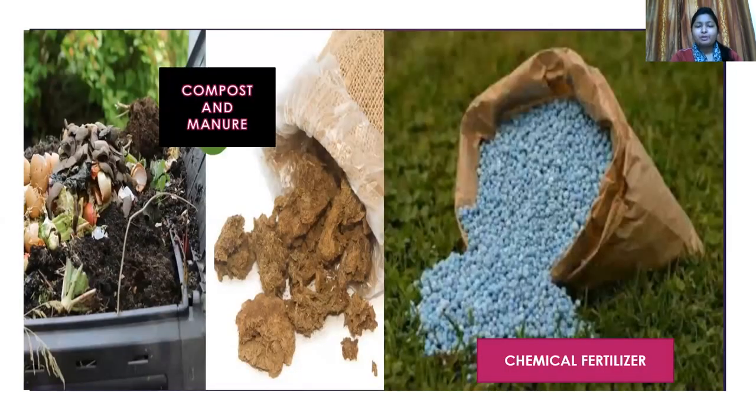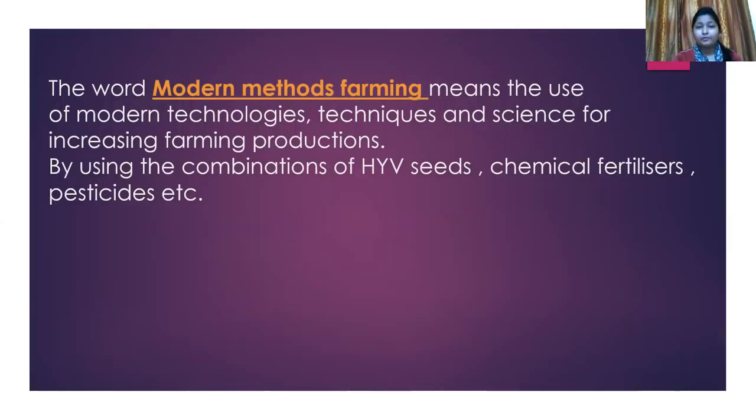So the first comparison between modern methods and traditional methods. Before I begin with this difference, I would like to take you back to traditional methods of farming. What are traditional methods of farming? These are the traditional ways or techniques of producing farm products, or agricultural products, through manure, through natural fertilizers, and through ordinary seeds.